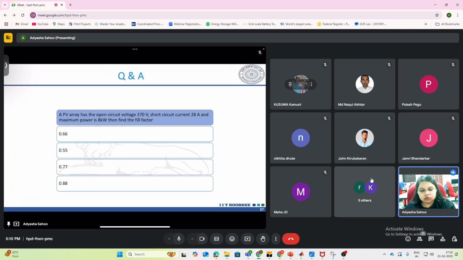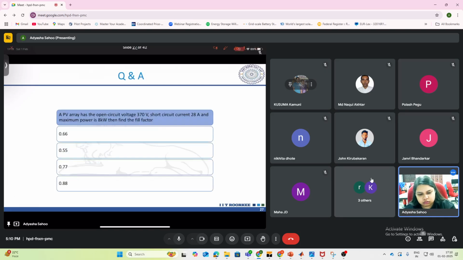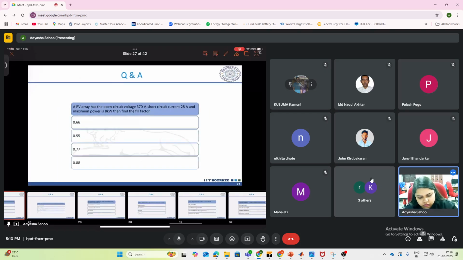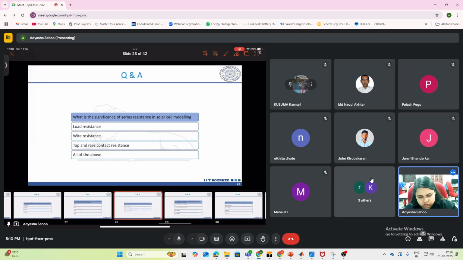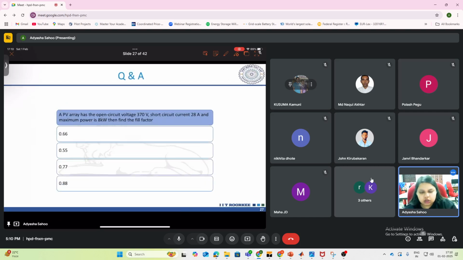Yeah. So the next question is: a PV array is having the open circuit voltage as 370 volt, short circuit current as 28 amps, and maximum power as 8 kilowatt. So what is the fill factor?